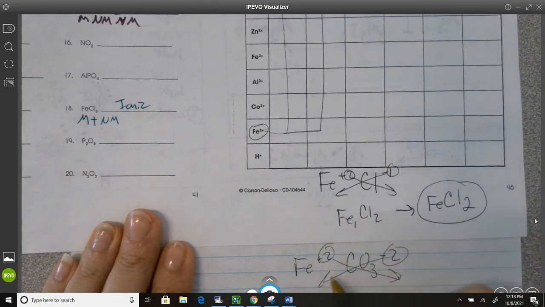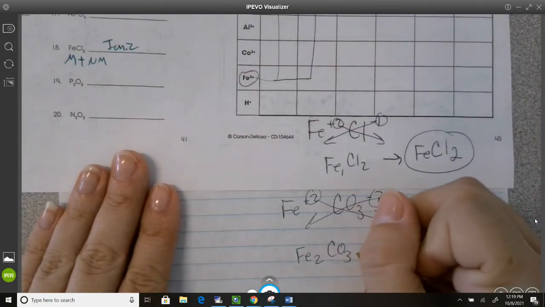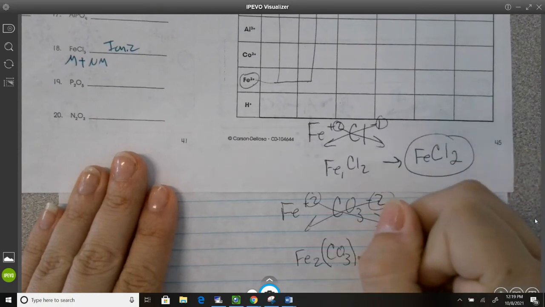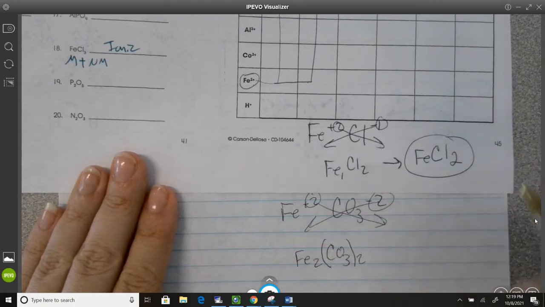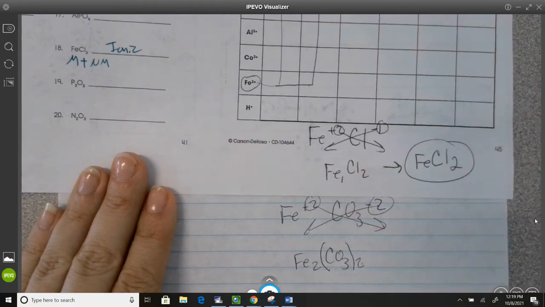I would have Fe2, CO3, and I don't want this to look like CO32. So what I'm going to do is put this in parentheses, so that way I know that this is separate. So my number that I brought down would be 2.